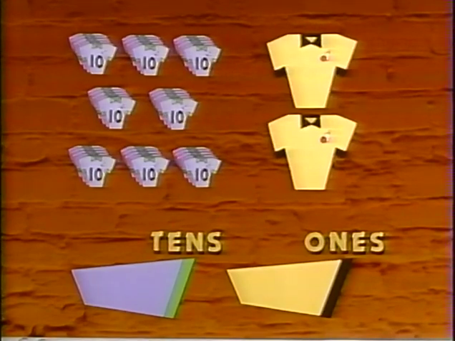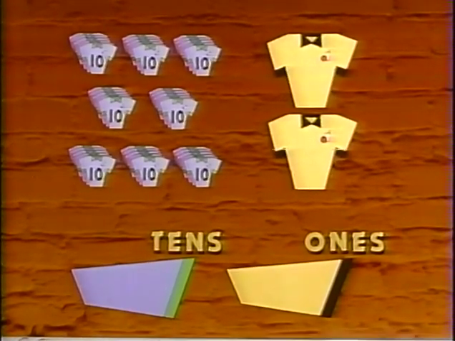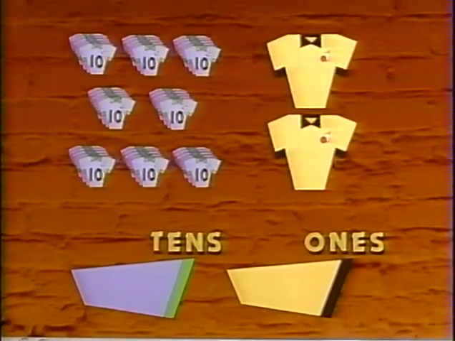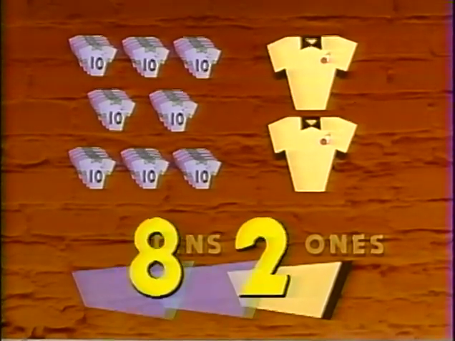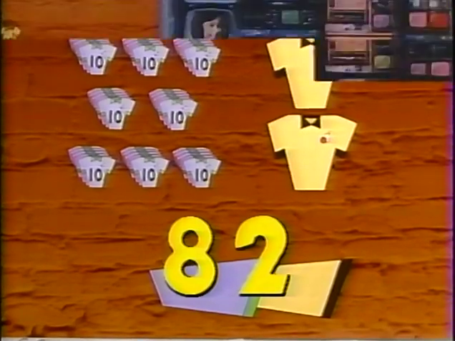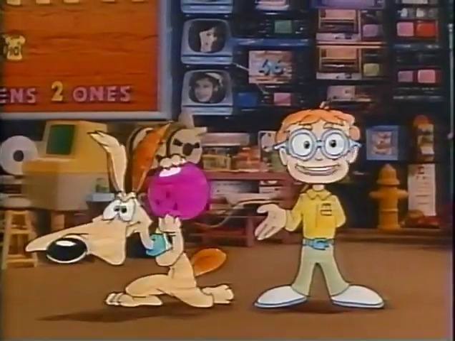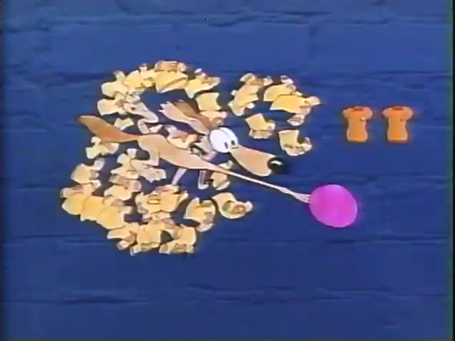How many shirts are there now? There are 82 shirts. Right. 8 tens and 2 ones is 82. We use the numeral 8 to stand for the number of tens and the numeral 2 to stand for the number of ones. 82.